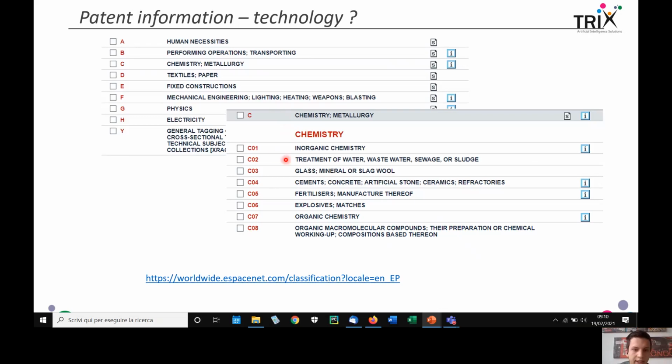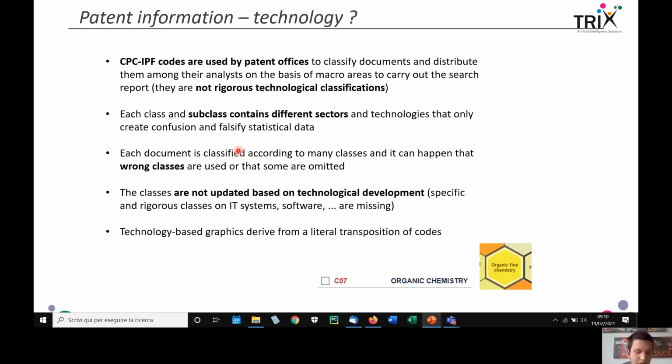In this case, the class C is chemistry, the class A human necessity, and so on. But these are classifications provided by the patent office and are mainly used to divide the various patents to be examined among the examiners. They are not available and are not often updated.